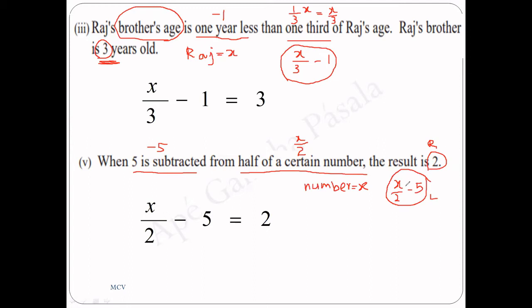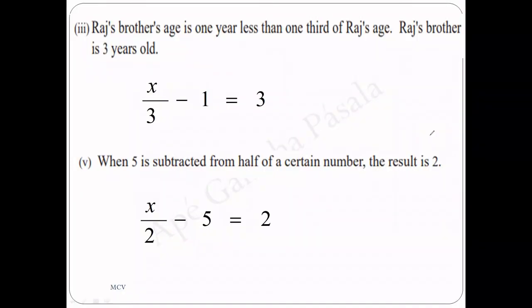The result is 2, that is the right hand side. Then x over 2 minus 5 equals 2. That is the equation. In the middle, the equation sign is there. You have to combine left hand side and right hand side by using the equation sign.